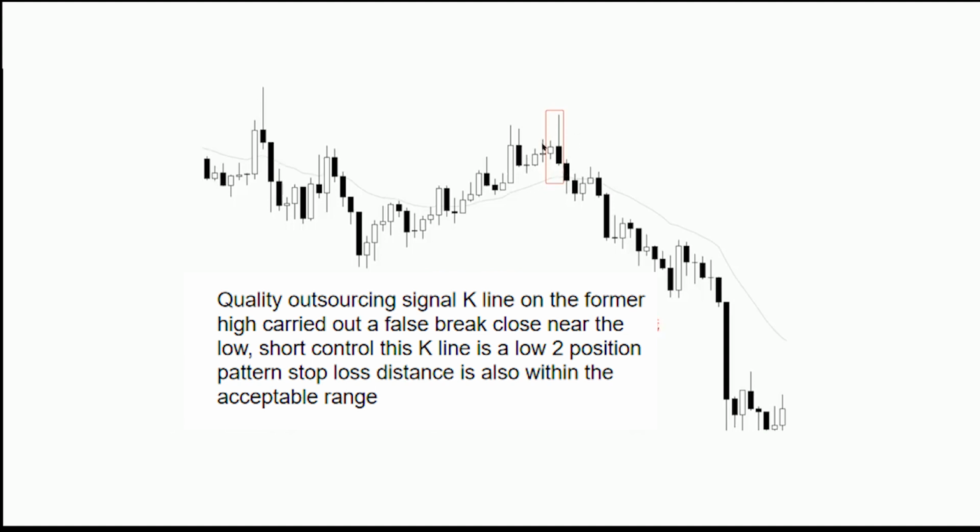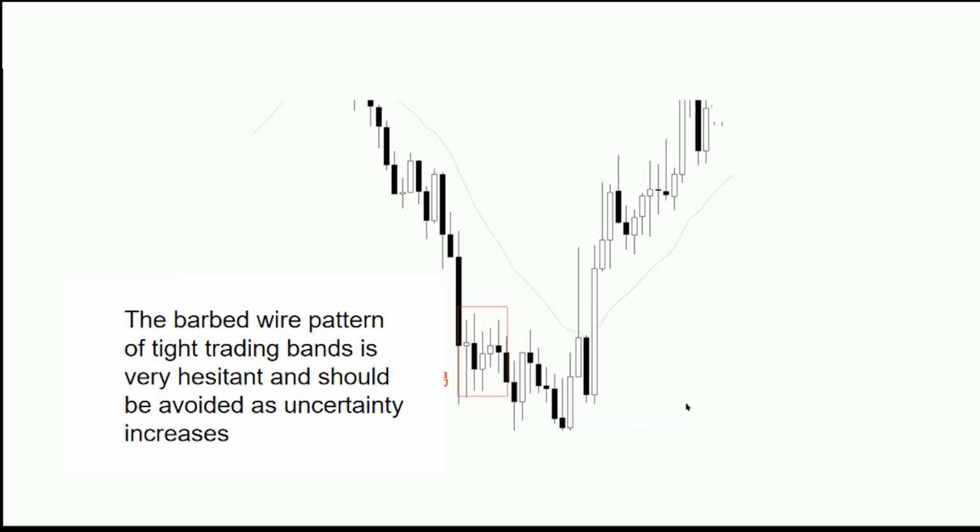The next shape that we're going to talk about is called the barbed wire shape. Of course every system calls it something different, and it doesn't matter what the name is, as I always say. What is the definition of the barbed wire shape?